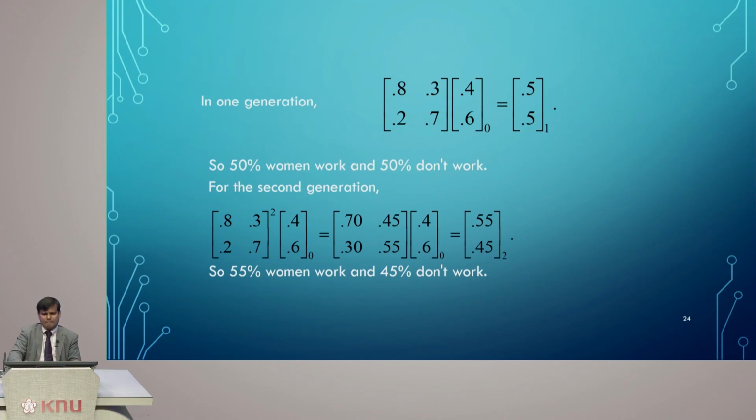In a real case, if you try to find the first generation, second generation, third generation and so on, can you really get the actual distributions, or how long can you go from one generation to another?